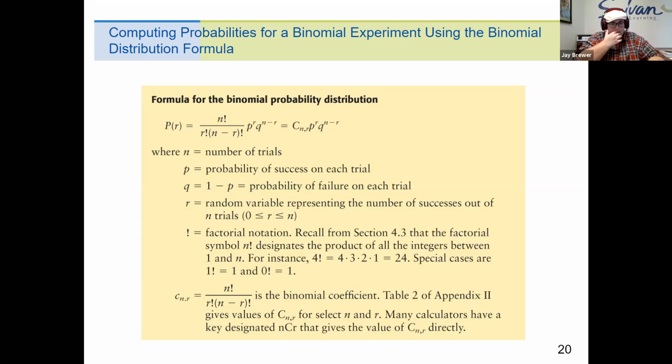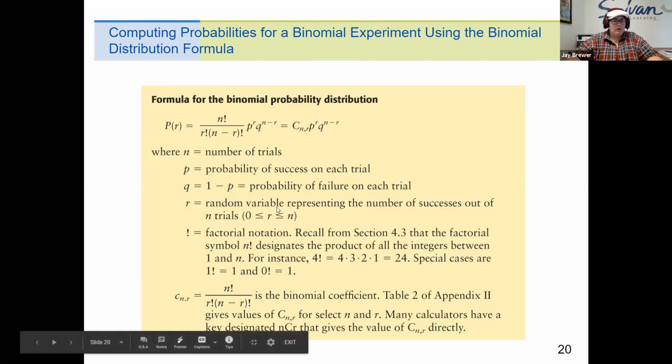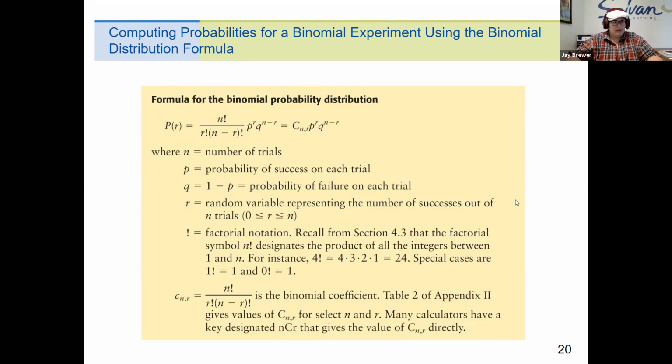R is equal to the random variable representing the number of successes out of n trials. So R will always be less than or equal to n. If you're given the information and you have to plug it in, never take the bigger number to be R. Is this making sense? R will always be less than or equal to n.